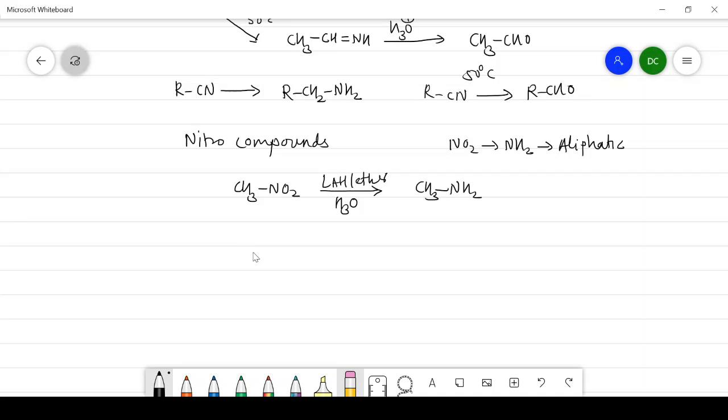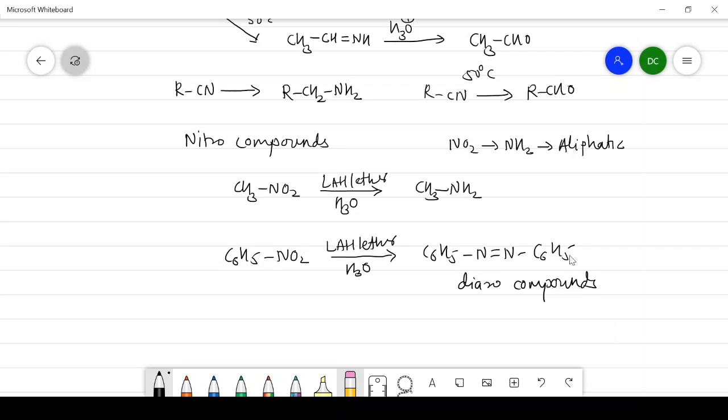But when we take this type of compound, that is C6H5NO2, nitrobenzene, it is an aromatic compound. The reduction of this aromatic compound occurs, but here we will get an azo compound as a product.